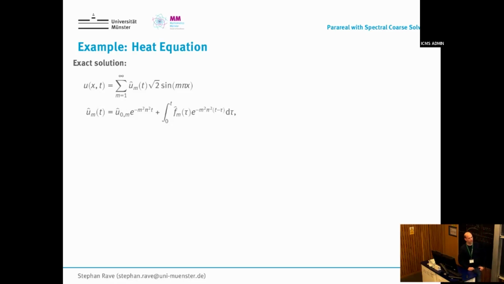Now if we want to improve, what makes sense is to include a few of these Fourier modes in my coarse solver. So I ignore the inhomogeneous part here and define as coarse solver: take the Fourier coefficients of the initial data and propagate them as you know they will propagate over time.